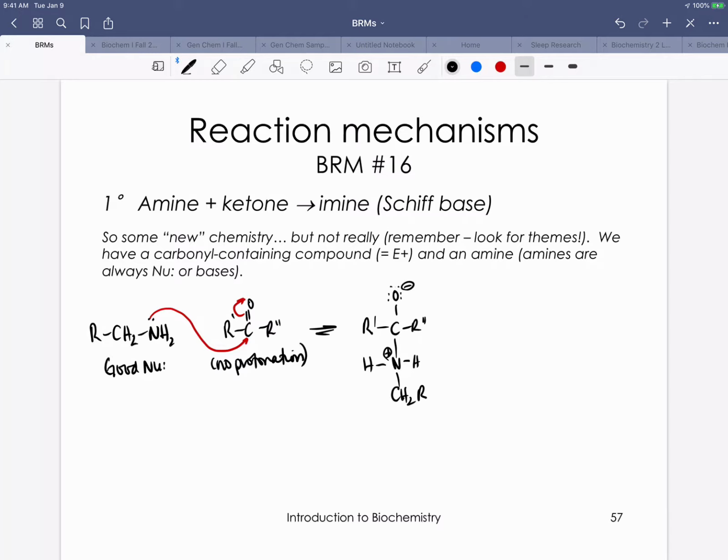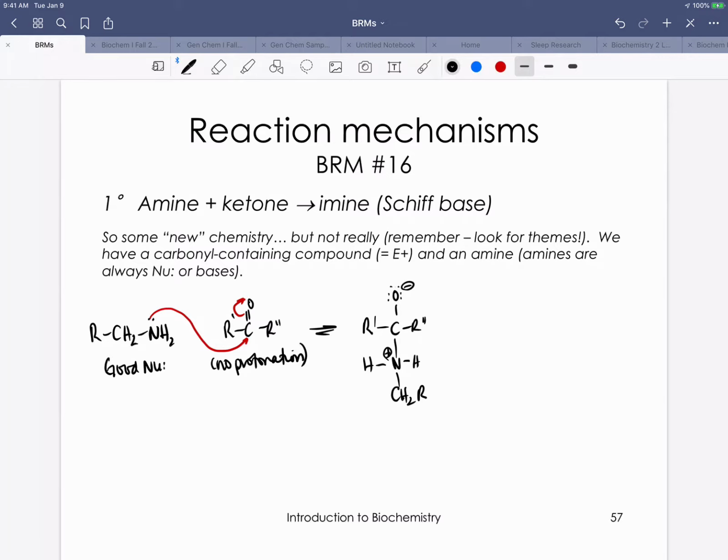We had a mechanism before where we highlighted that we wouldn't necessarily see positive and negative charges on intermediates, but this is a case where it is warranted because, again, we wouldn't want to put ourselves into an acidic environment where we would protonate that carbonyl, because that would also protonate our nucleophile, which would be problematic.